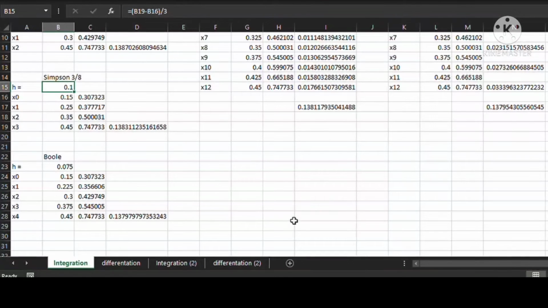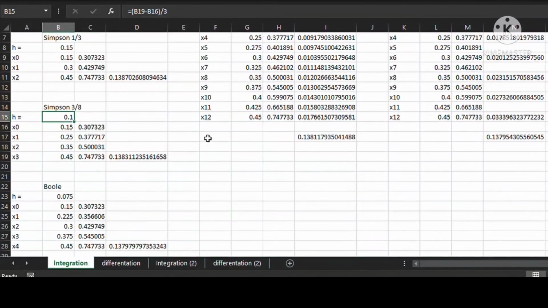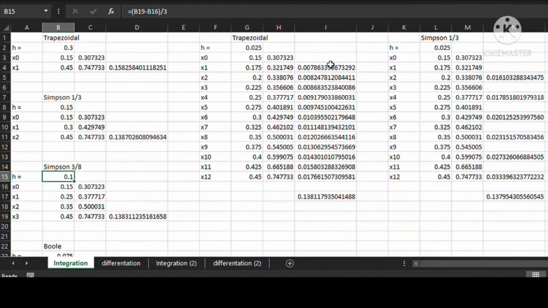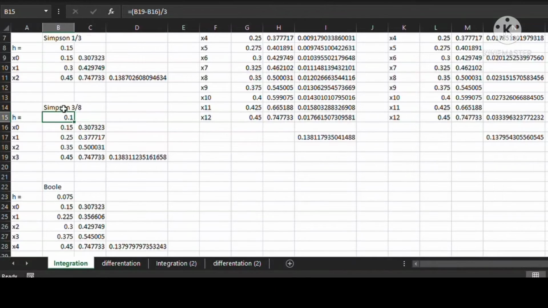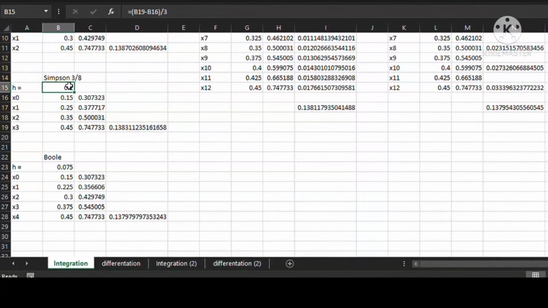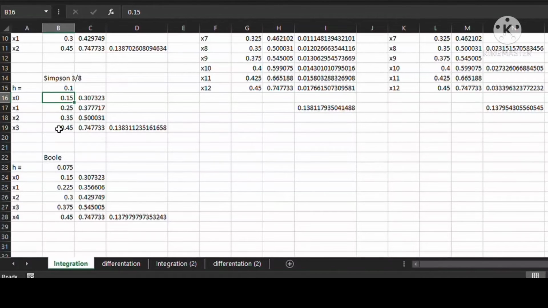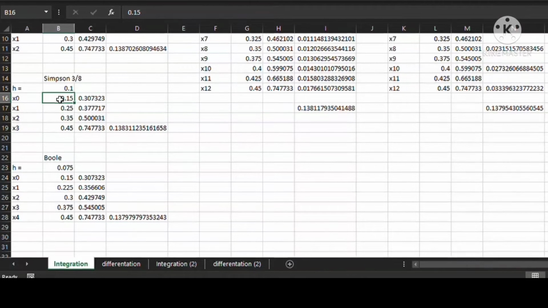In the Excel, I have many rules for this equation, but we focus on the Simpson 3/8 rule. As you can see, the limits are between 0.15 and 0.45. So the value of x0 is 0.15, and the value of x3 is 0.45.